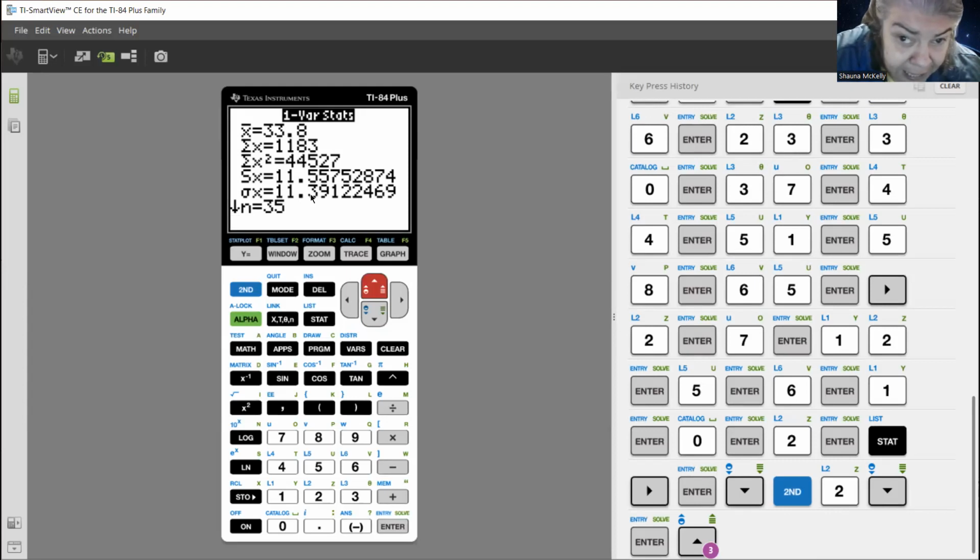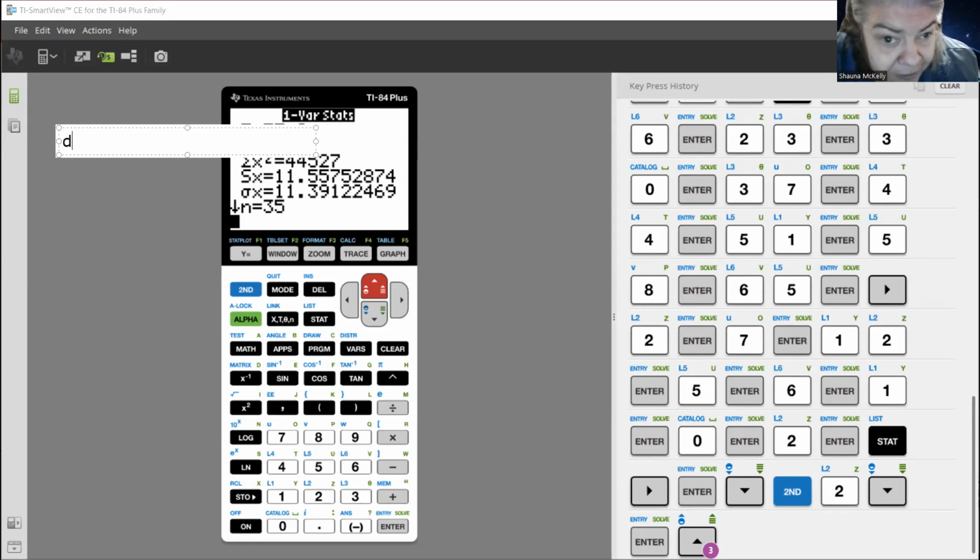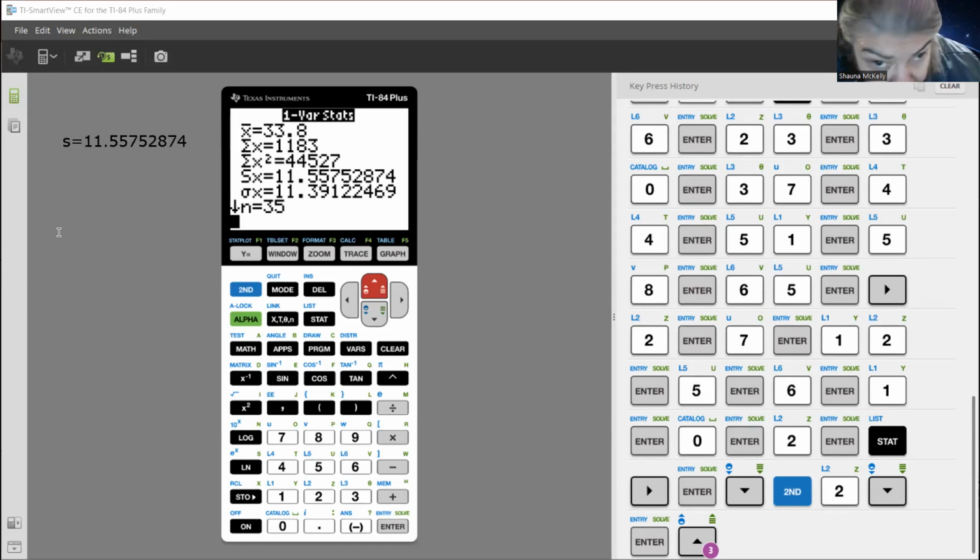Now, to get the variance, we saw before that the variance is just the standard deviation squared. Let me write the standard deviation down on the screen. S is equal to 11.55752874. Okay. So here's my S. Now what I want to do is square it.